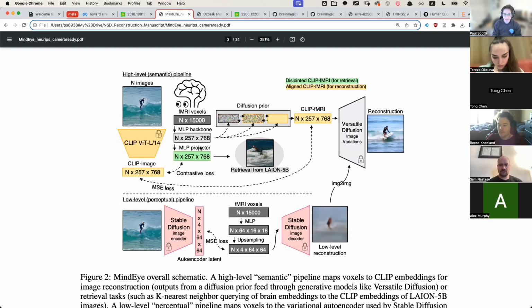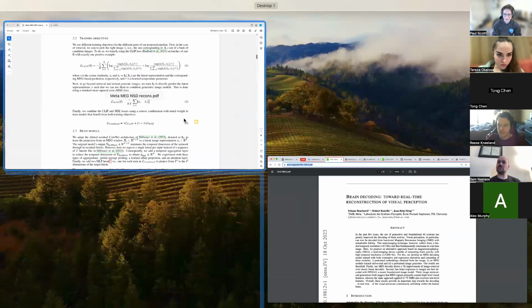We were seeing that if you don't have this green box, if you don't have an MLP projector, in other words, if you're just doing a loss for a shared embedding that's used for retrieval or fed into a diffusion prior to do reconstruction, then as retrieval gets better, reconstruction gets worse and vice versa. We see a trade-off. And so you can't just directly merge the losses together is what we observed.